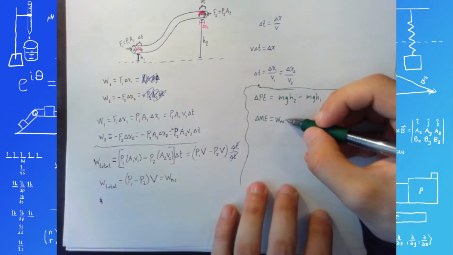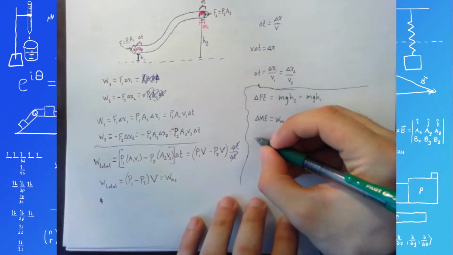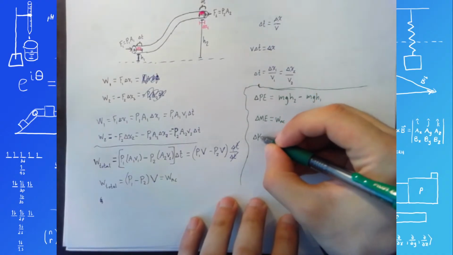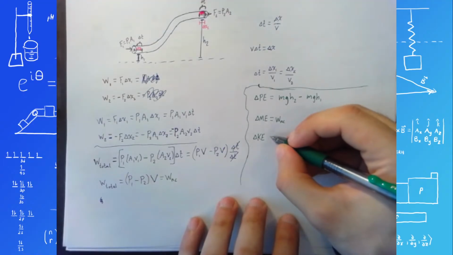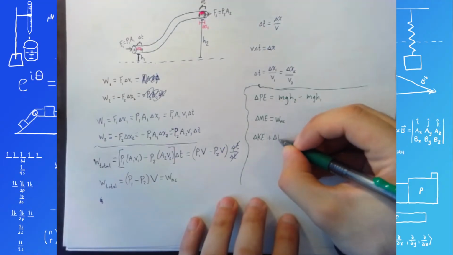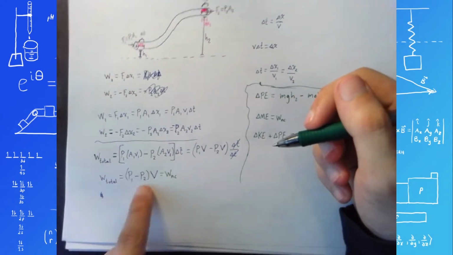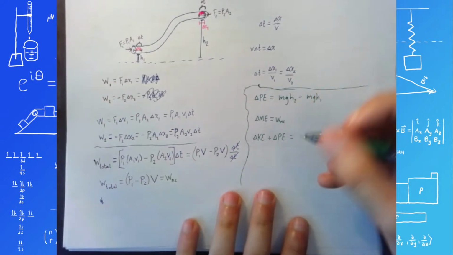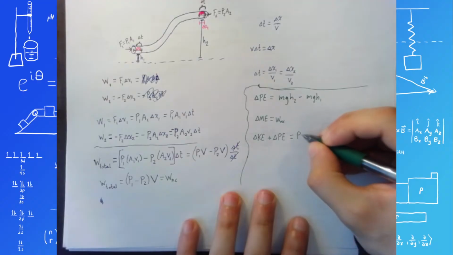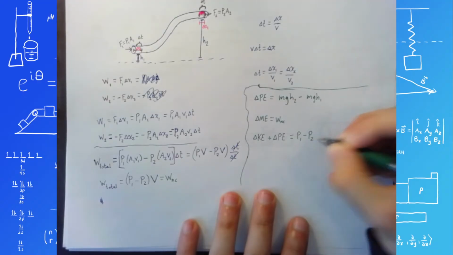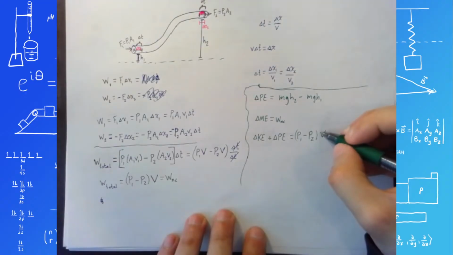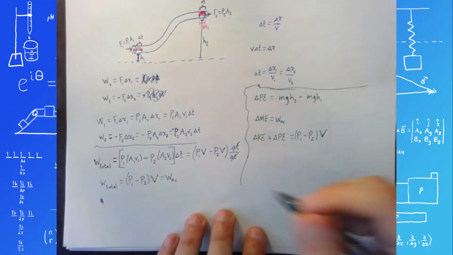But yeah, change in mechanical energy is equal to this non-conservative work. So that is change in kinetic energy plus change in potential energy equals P1 minus P2 times V, big V, the volume.